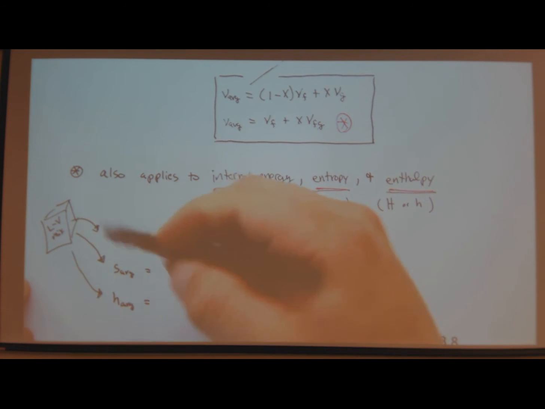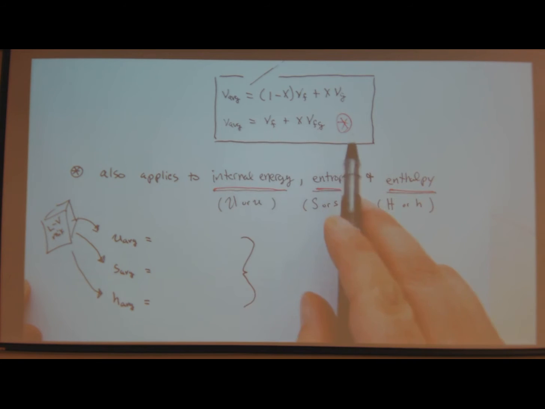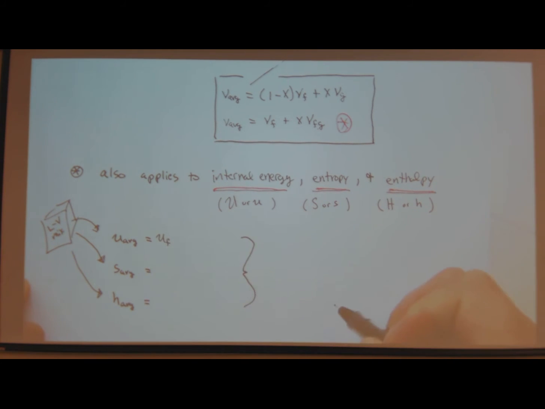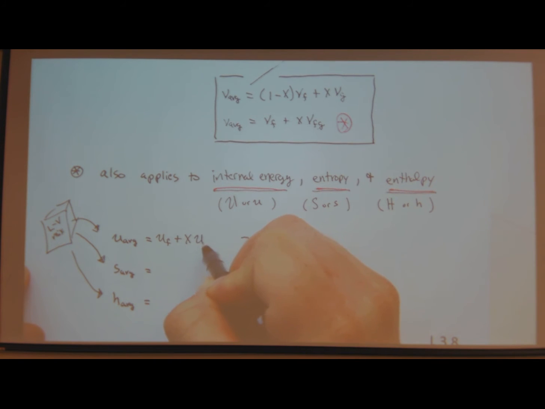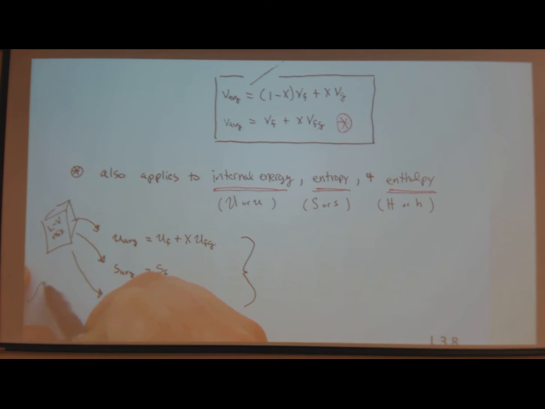So I have my control volume, has an average internal energy per unit mass, and just using the same type of expression, I have the internal energy of purely the fluid phase plus x times uFG. Same, likewise, entropy per unit mass of the pure fluid phase, right at the saturated point of the bell curve.